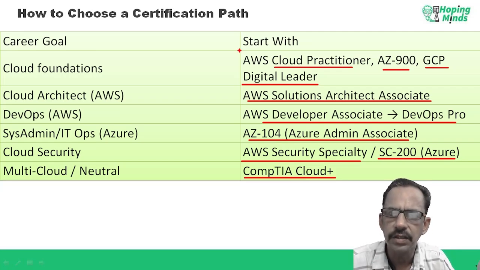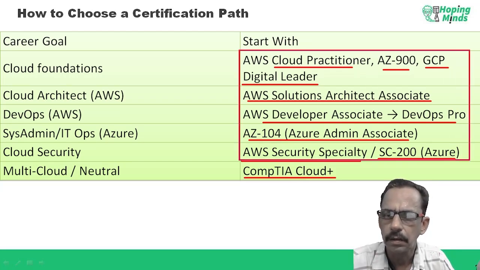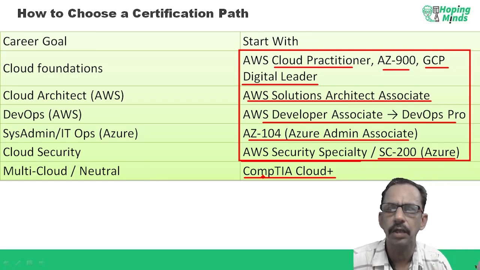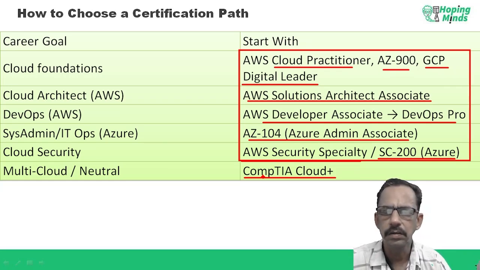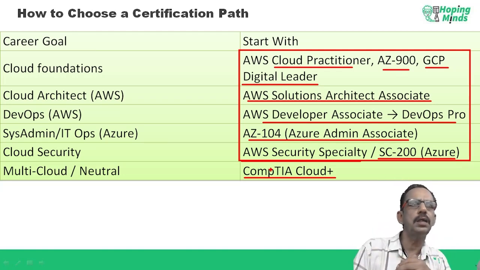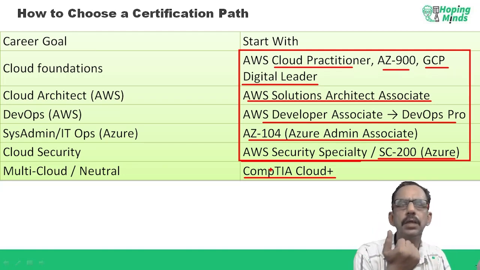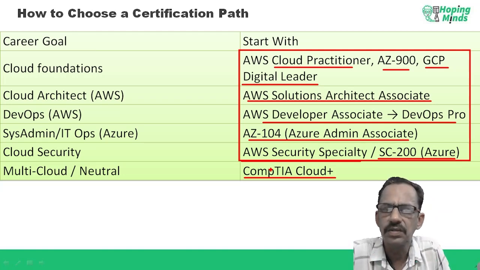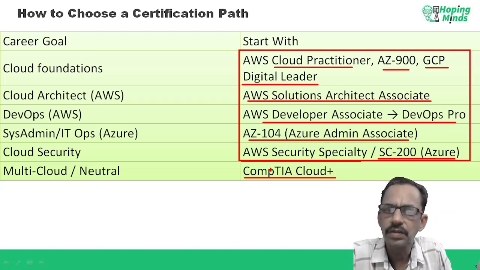All these certifications are conducted by Pearson. Multi-cloud or neutral is conducted by CompTIA. These are the examination authorities, because AWS is not directly conducting the exam. It gives the authority to Pearson to select the right candidate and check their knowledge level.